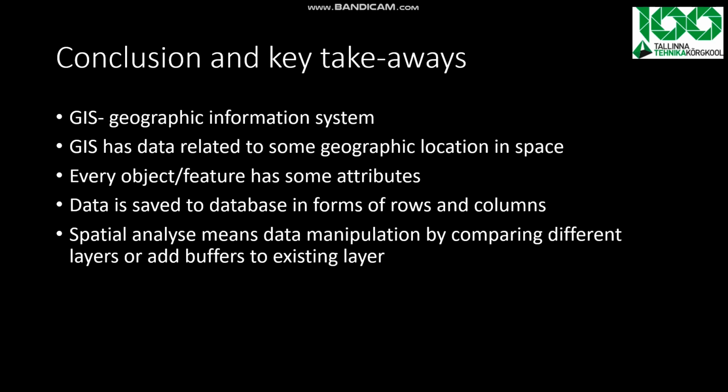Data is saved to a database in the form of rows and columns. You can imagine it like an Excel table in your head. It's almost the same. And spatial analysis means data manipulation by comparing different layers or adding buffers to an existing layer. So the analysis is a big part of our project, so it's good to outline it here.